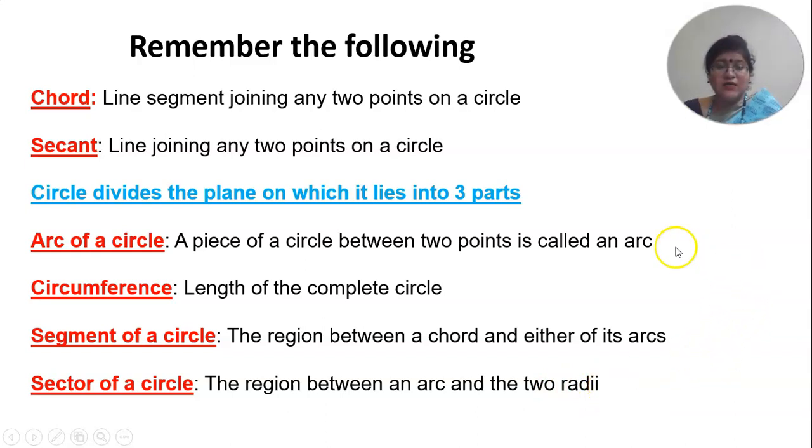So these are some of the important terminologies or important components of a circle which you need to remember. Definitions will not be asked in the paper, but you have to remember this and understand these concepts. Only then you will be able to solve objective questions from 10.1.